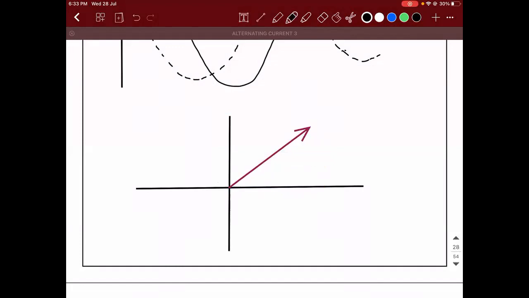So if this is the graph for E, then the graph for I will be something like this.